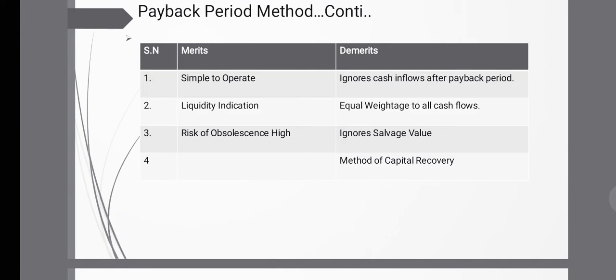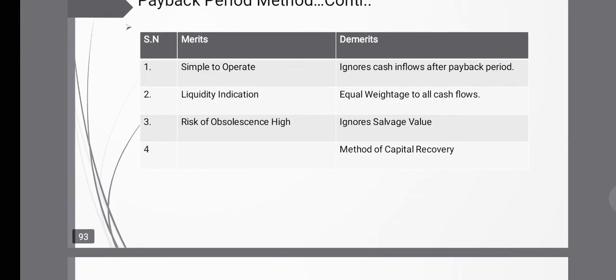Now, demerits: it ignores cash flows after the payback period, gives equal weightage to all the cash flows, ignores the salvage value, and it is a method of capital recovery. It doesn't consider profit as the motive, rather it considers capital recovery as the only criteria to select the project.